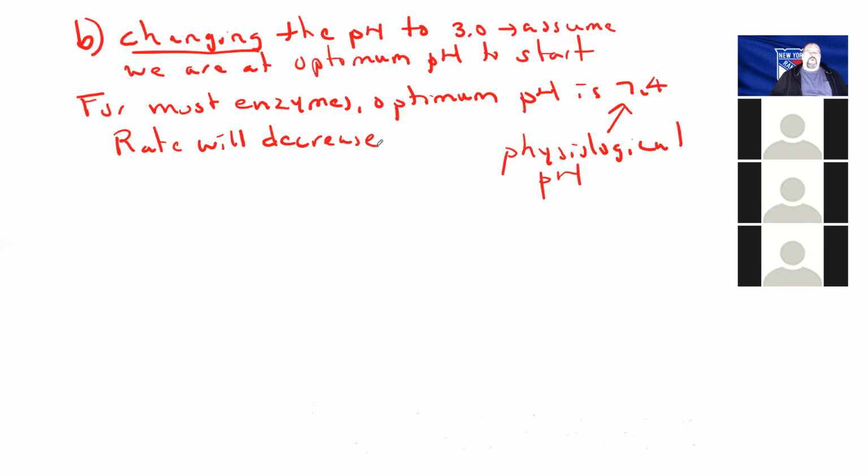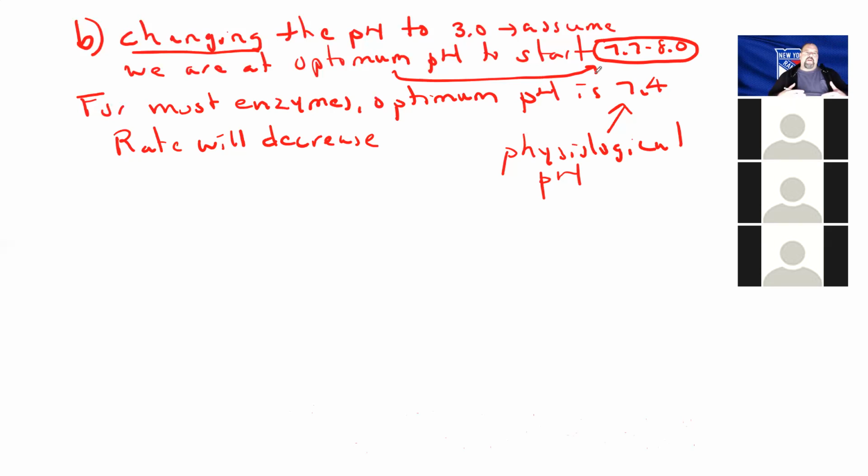Okay. If we were told for trypsin, just to go back to the question itself, the optimum pH was 7.7 to 8. So again, for most enzymes, optimum pH is around 7.4, but in either case, the rate would decrease here.